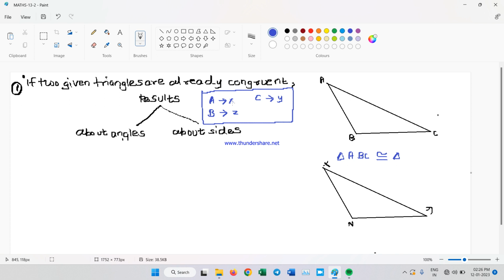So A is corresponding to X. A first position पे है ना, तो इधर X भी फर्स्ट पोजीशन पे आएगा. B corresponds to Z. B सेकेंड पोजीशन पे है, तो यहाँ पे क्या आएगा? यहाँ पे आएगा Z. And C is on third position, तो यहाँ पे आएगा Y. So this is how we will name the triangles.